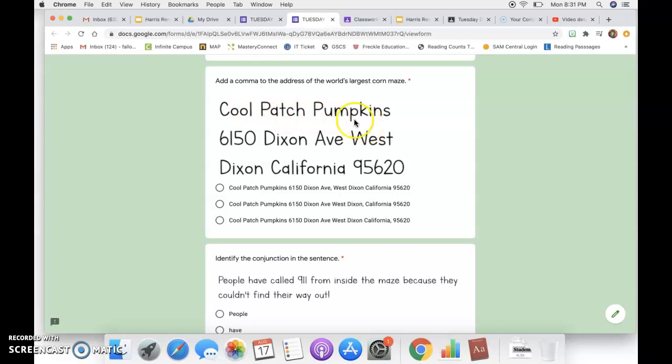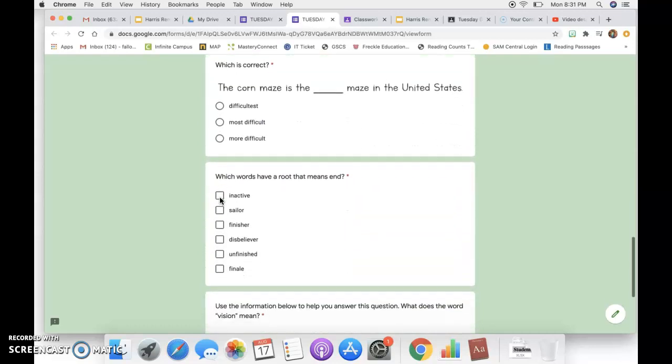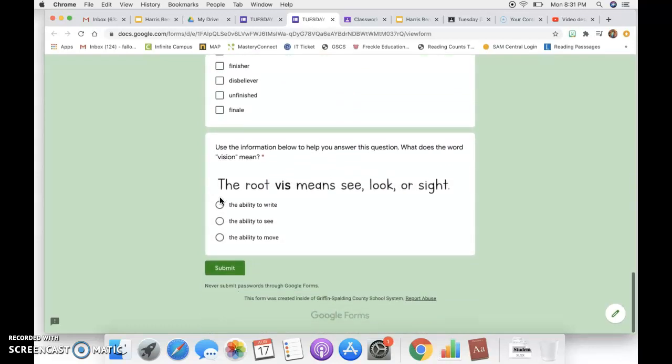Cool Patch Pumpkins, 6150 Dixon Avenue West, Dixon, California, 95620. You're basically saying, do I think this one or this one or this one is written correctly? And you're looking for the comma. So you're just going to pick your answer. And you just continue on all the way down to the very end.